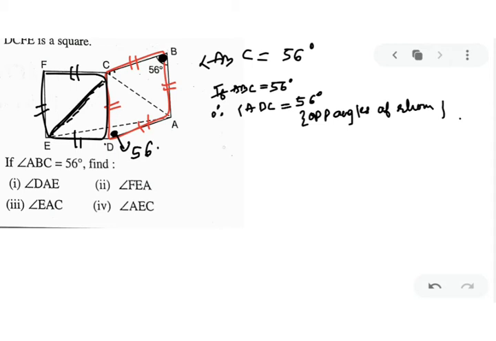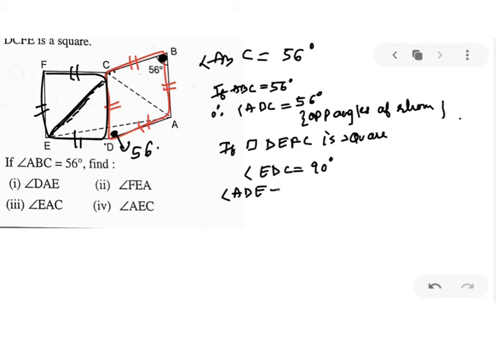Now if quadrilateral DEFC is a square, can we say angle EDC is equal to 90 degrees? And if I together want angle ADE, that will be angle EDC plus angle ADC, that is 90 plus 56, that is 146. Got my point clear?